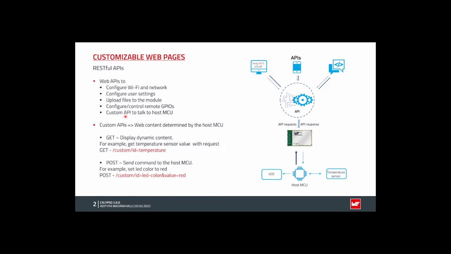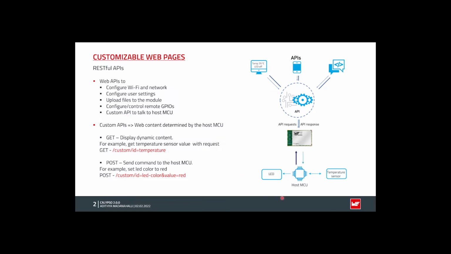Custom APIs are user customizable HTTP requests that can be used to create dynamic content on the web pages on board the Calypso Wi-Fi module. Let me explain how this works with the help of an example.